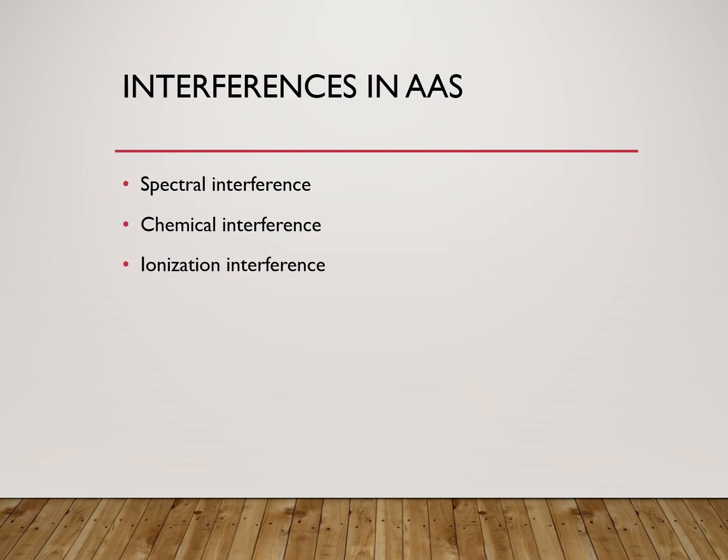Now if we see the interferences, there are several types which can affect the atomic absorption spectroscopy measurement. That includes spectral interference, chemical interference, and ionization interference. These must be properly controlled to obtain accurate results.